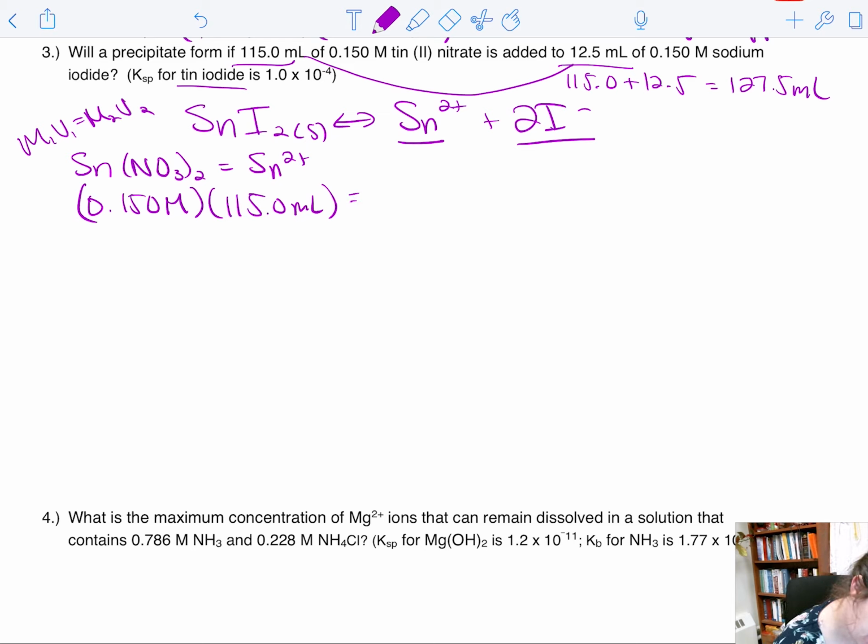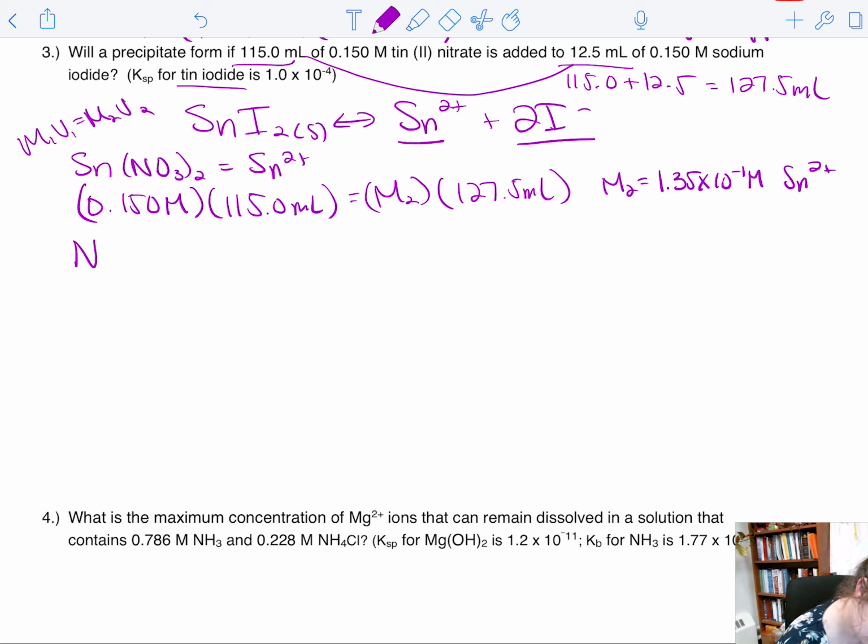So we're solving for our M2. Our final volume is 127.5 milliliters. Calculate this out, we get an M2 equal to 1.35 times 10 to the negative 1 molar for our tin(II) ion. We're going to do the same thing for sodium iodide, which gives us our iodide ion concentration.